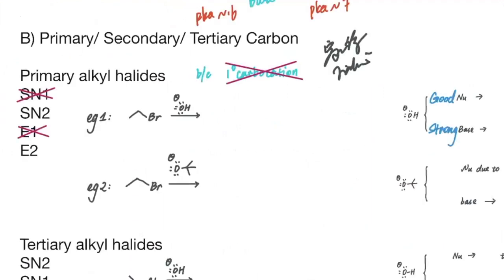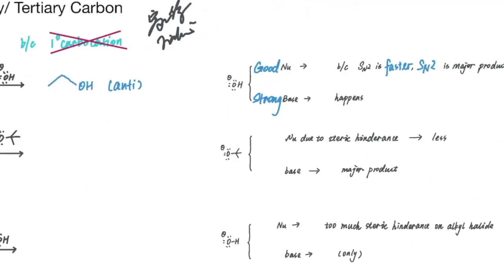The product of SN2, you should be able to write directly. It's going to be OH. Because I didn't show stereochemistry in my question, you don't have to show it. The first one is SN2. E2 happens, but SN2 wins.